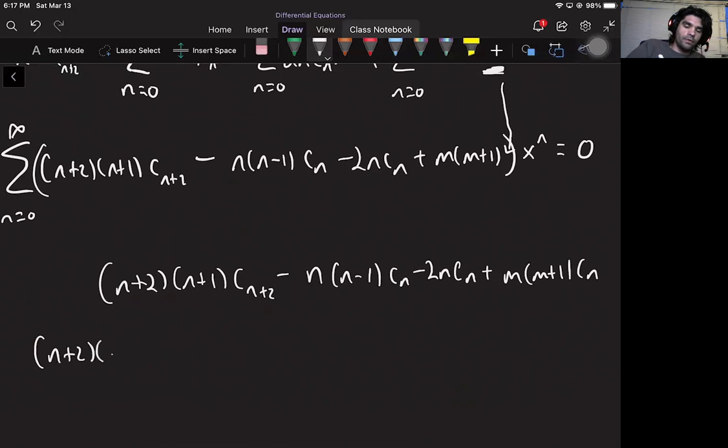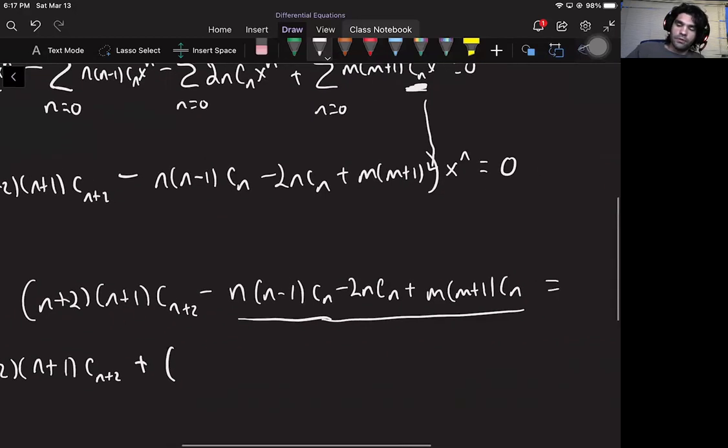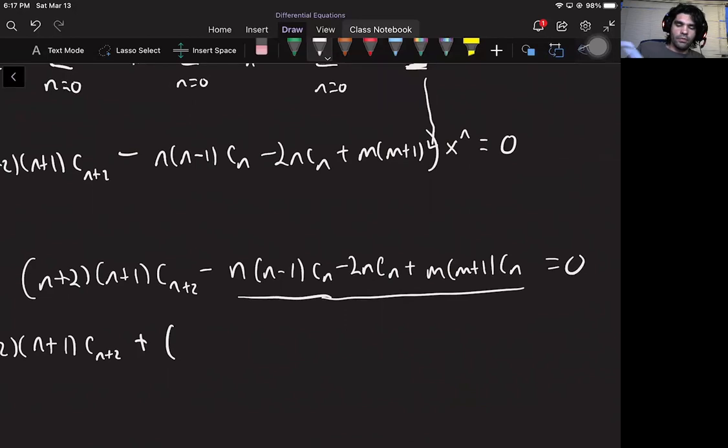So this cn plus 2 term is just going to be well and good sitting alone. But then all the cn terms I'm going to stick together here. 0 still. So I have a minus n squared plus n minus 2n plus m squared plus m cn.